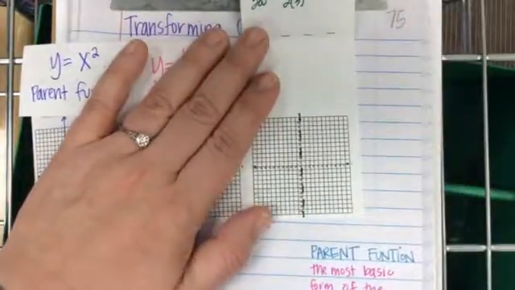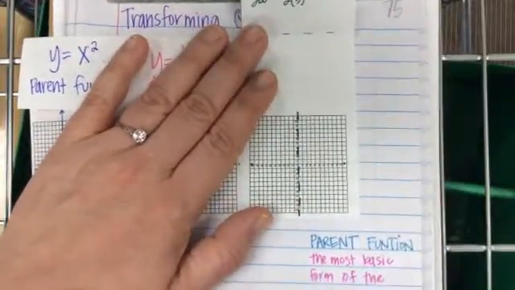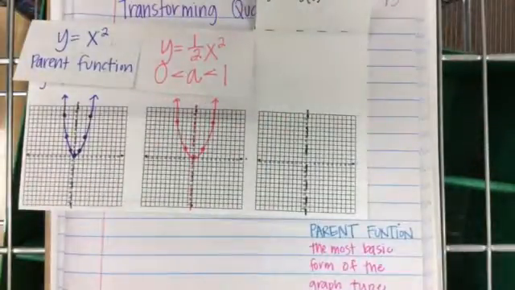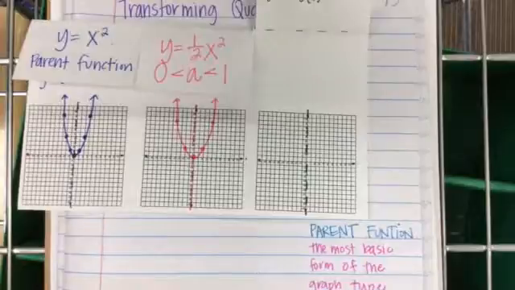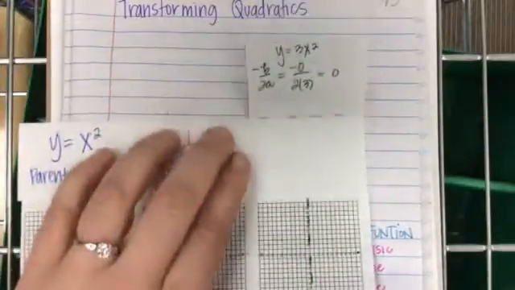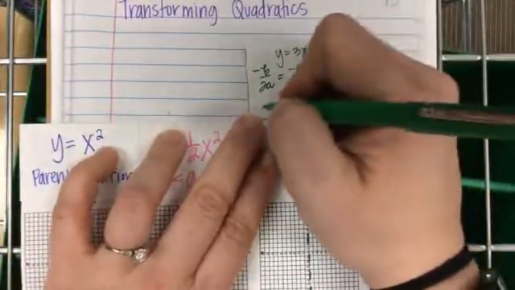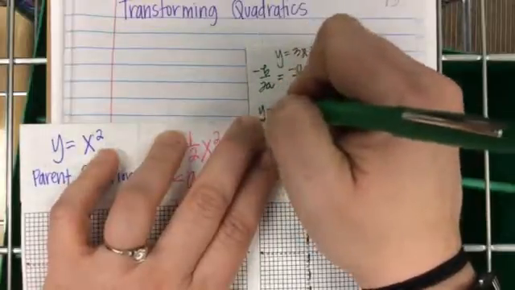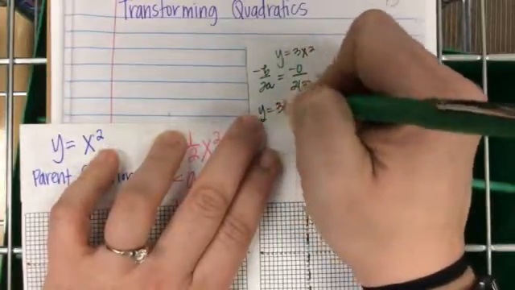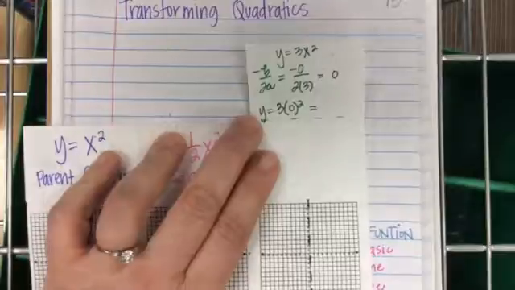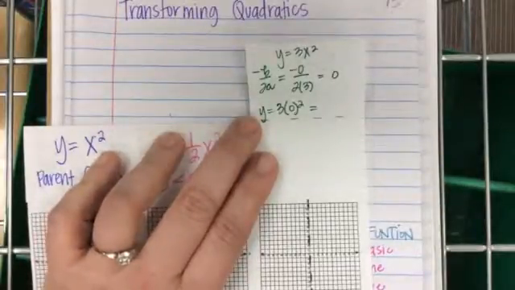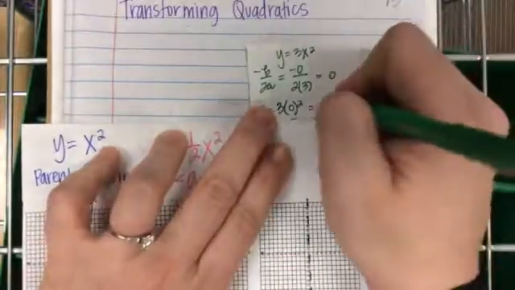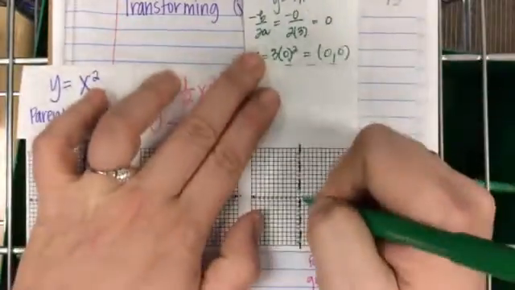If your b value is 0, it's 0. Okay, so my vertex, y equals 3 times 0 squared. 0 squared is 0 times 3 is 0. So my vertex is also at 0.